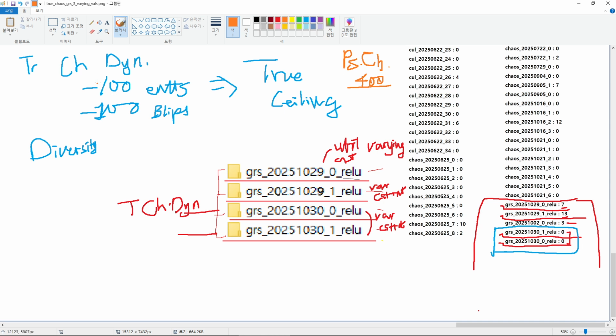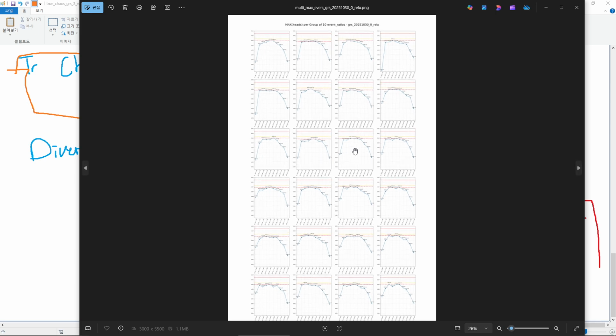But since I can't have 400 entities right now, I wanted to find a way to be able to produce true ceiling entities and true ceiling chromosomes given these conditions, which I still failed. And I'll show you some errors.